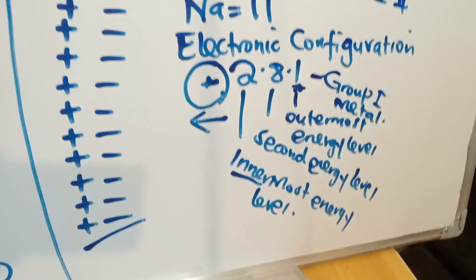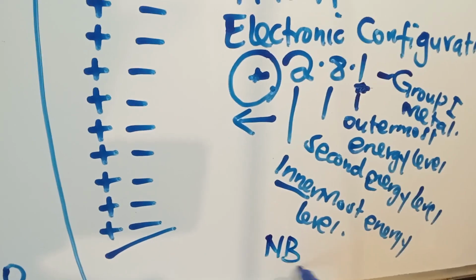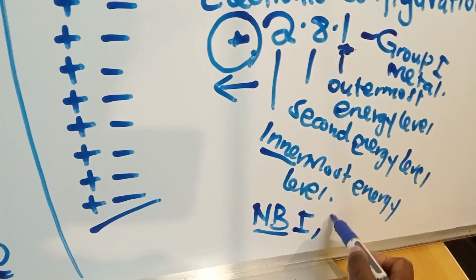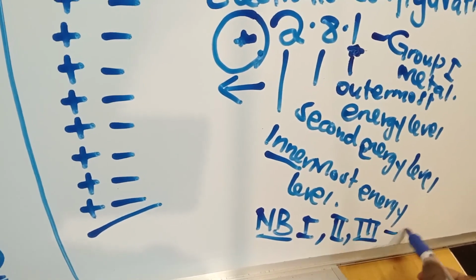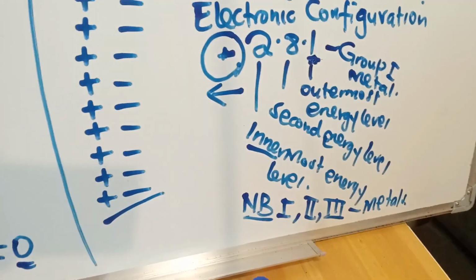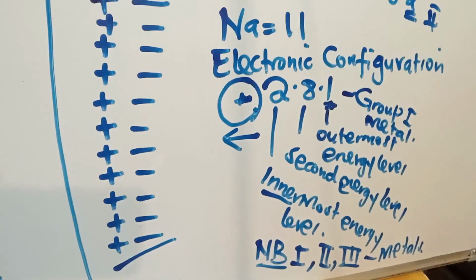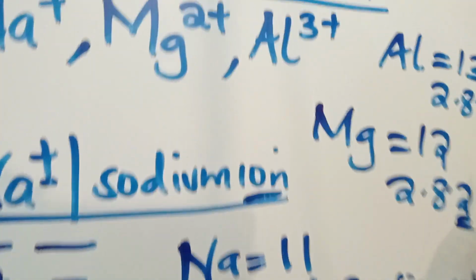And something else that you should note even before you go ahead. Elements in group 1, group 2, and group 3 are usually metals.